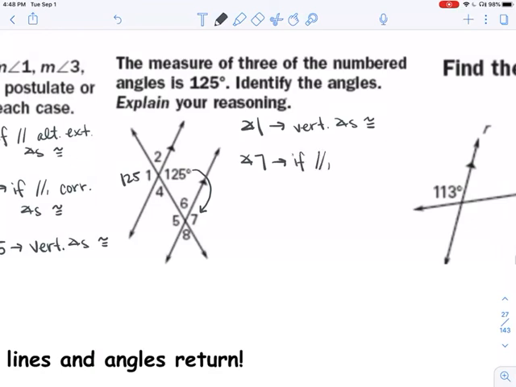So if parallel, corresponding angles are congruent, and this one would be 125. And angle 5. So let's base everything off of our original 125. If I want angle 5, then I'm going to use alternate interior angles. If parallel, alternate interior angles are congruent.